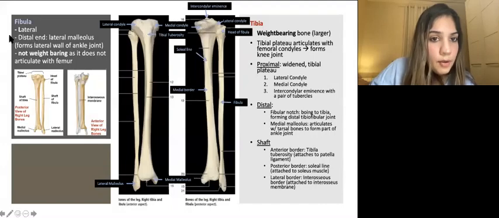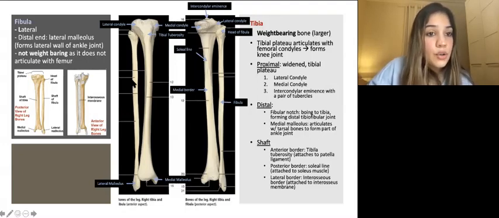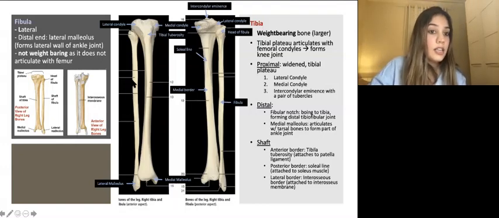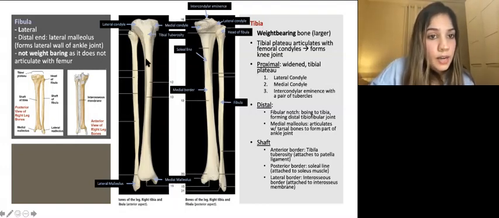If we look at the fibula now, it's lateral to the tibia. On the distal end, you have the lateral malleolus, which forms the lateral end of the ankle joint. And the fibula is not weight-bearing as it does not articulate with the femur. So the tibia is the weight-bearing one.